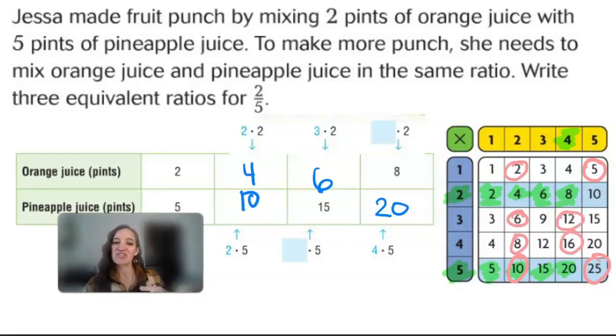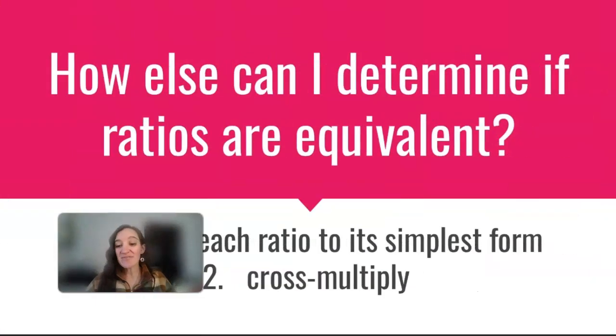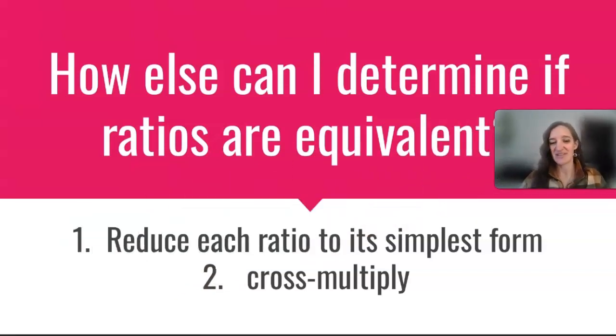So using your multiplication chart will help you find equivalent ratios. But there's also a few other ways that you can find equivalent ratios. We can reduce both of them to simplest form and cross multiply, which we are going to do now.